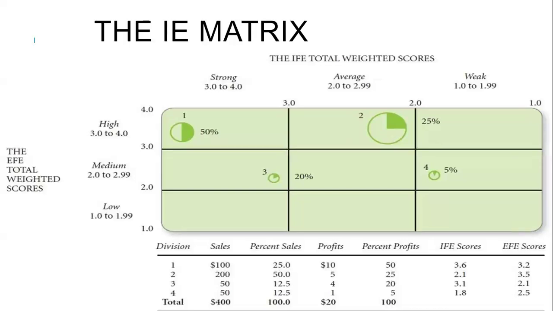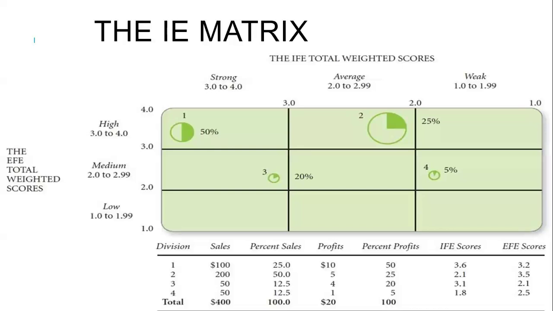If you look at it carefully, you realize that division 1, 2, and 3 will fall under the grow and build strategy region, which means that the various integration strategies as well as the various product development strategies can suffice for them to flourish.